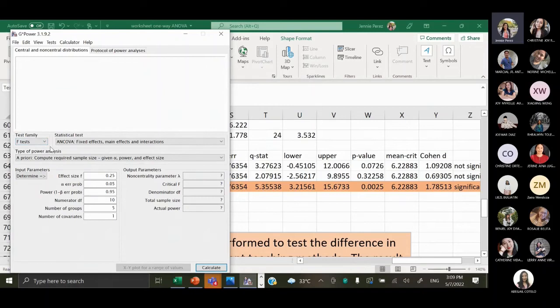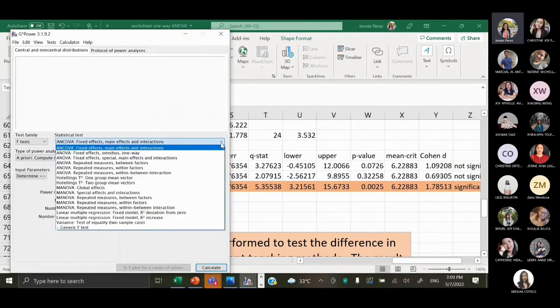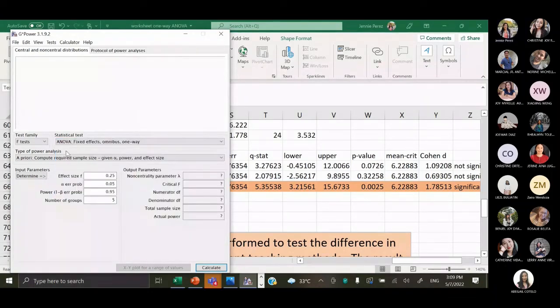So F test, one-way analysis of variance is under the test family of F test. Then click down here and use ANOVA, ANOVA Omnibus one-way. You don't use the ANCOVA, the ANOVA. And then a priori.